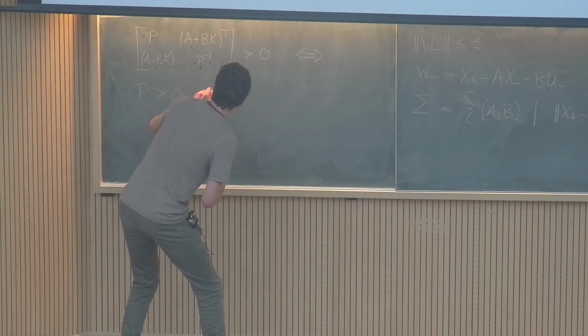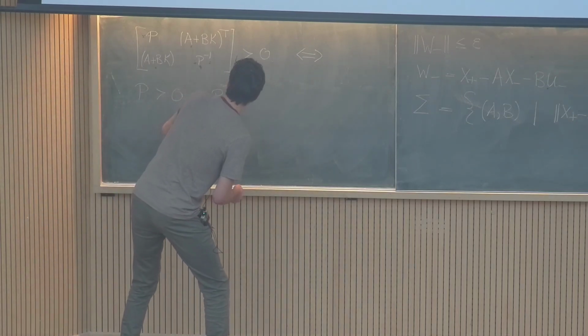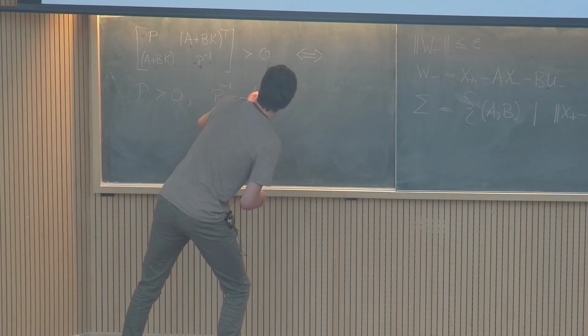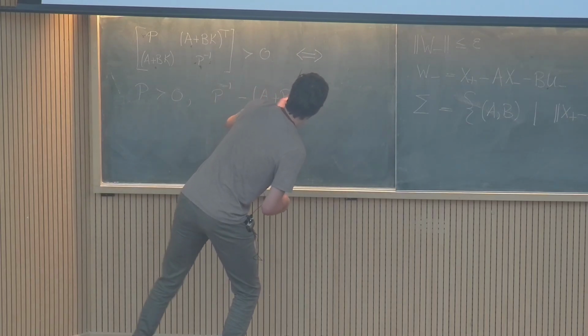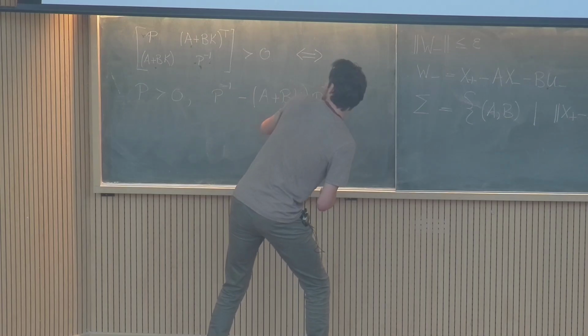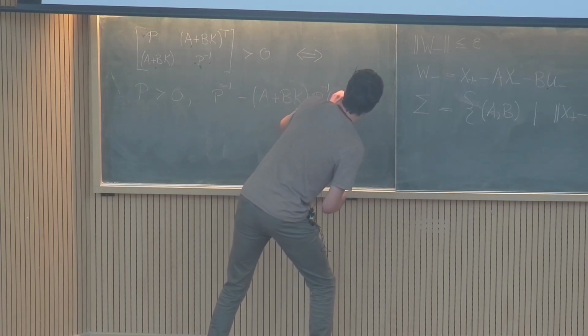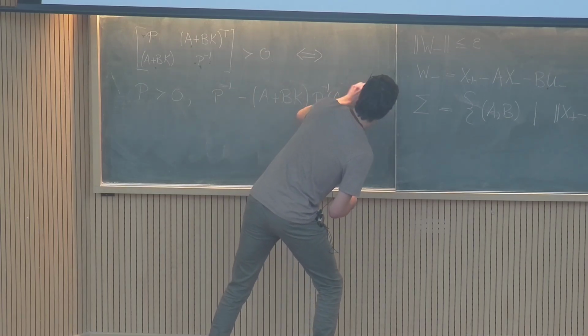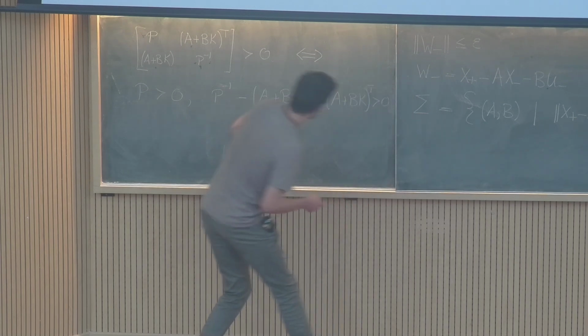So this is P inverse minus A plus BK, P inverse, A plus BK transpose is positive definite.